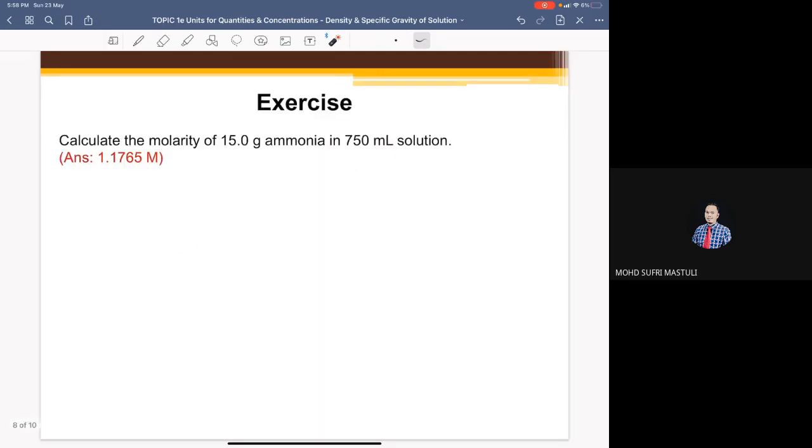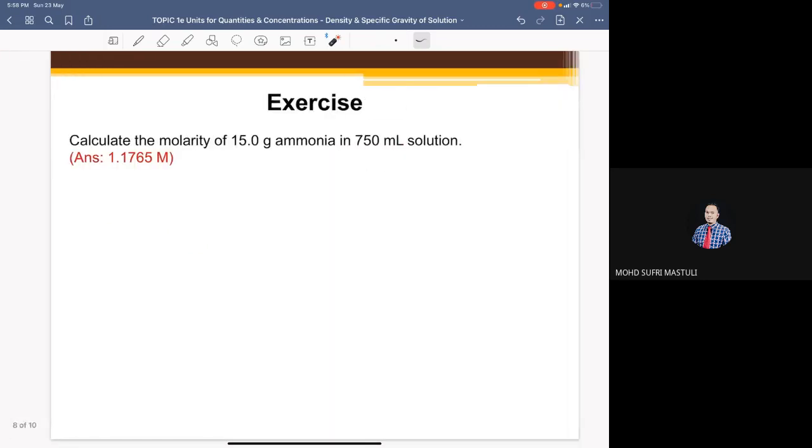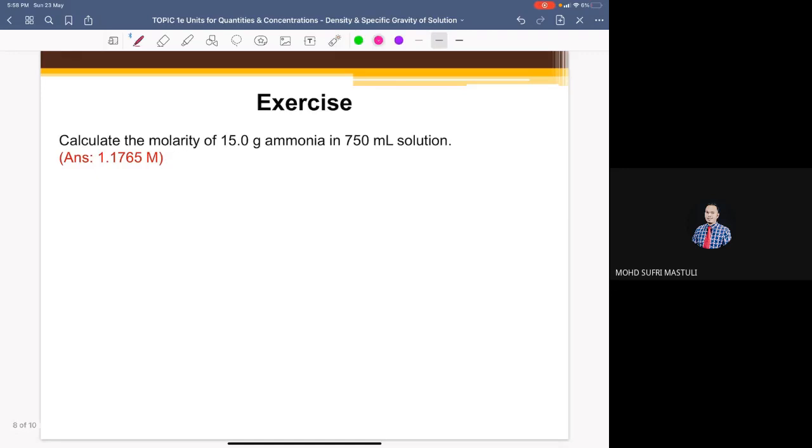This one also, calculate the molarity, again mole per liter, of ammonia. So mole is mass over molar mass. So molar mass you can calculate from the periodic table: 14 plus 1 times 3, 17 gram per mole.